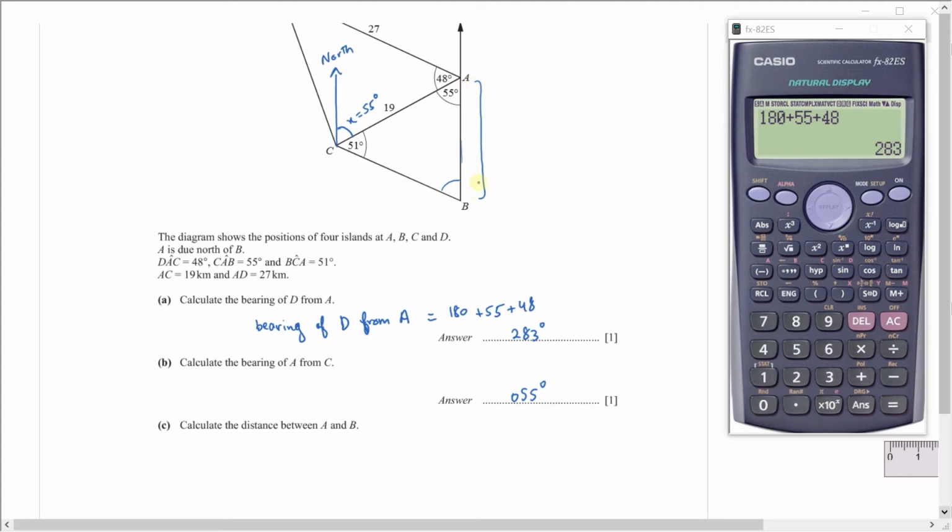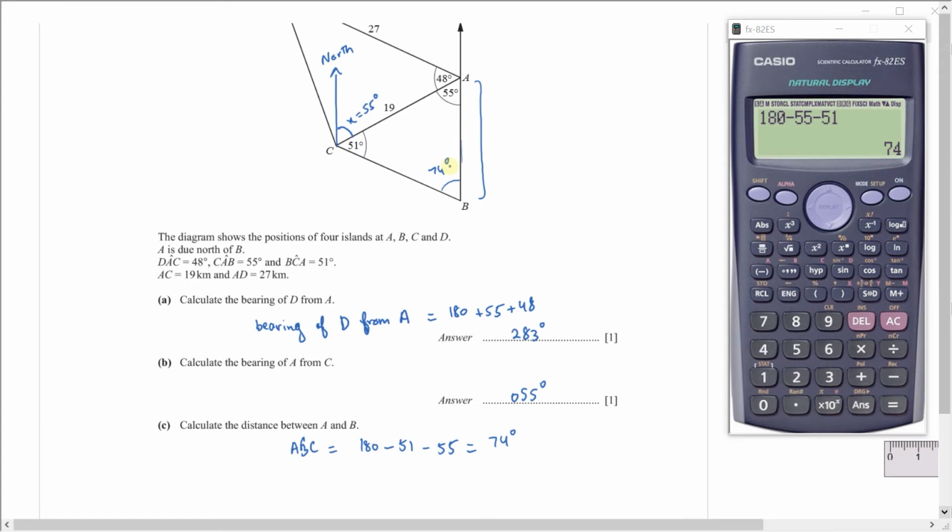So let's first calculate angle ABC. Angle ABC will be 180 minus the other two angles, because the sum of angles of a triangle is 180. So 180 minus 51 minus 55. So this is 74. So now this is 74 degrees.